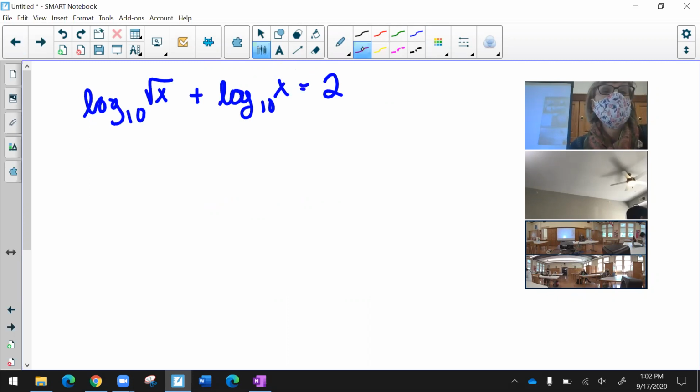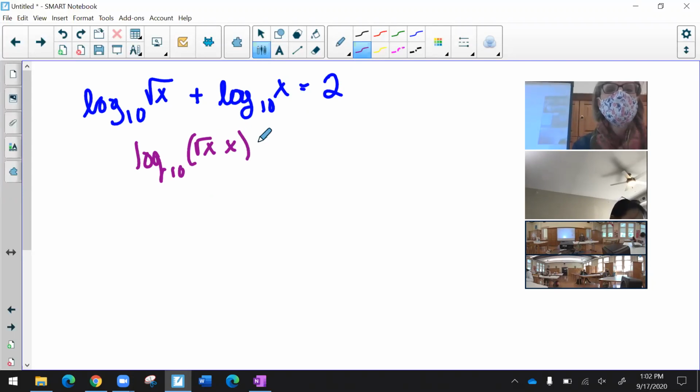Well, because there's addition, you can actually make it into log base 10 of x times radical x. Yep, I can. So I don't know why we have to put that little base 10 there, isn't the base of the log just 10? Yeah, that's the way I would look at it, is that if it doesn't say anything, we assume it's 10.